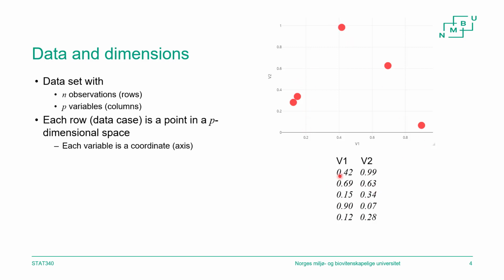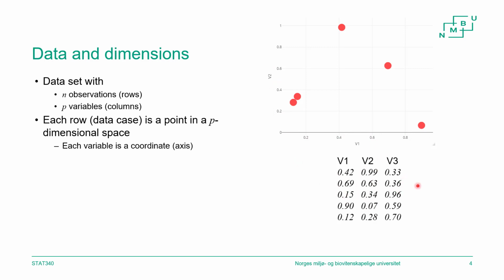So for instance, the first one here, point 42, point 99. Yeah, that's this one, because it's 42 down here, 99 over here. So each row has a number of coordinates, and if you look along the V1 axis and the V2 axis and so on, you will locate all of them.